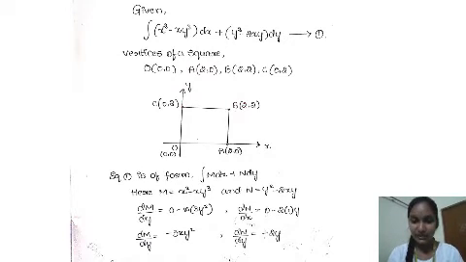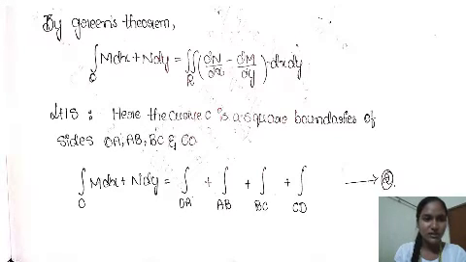If we differentiate −2xy, x will be 1, so −2y. So ∂N/∂x is equal to −2y. Next, from Green's theorem we have this formula, so now we have to verify LHS equals RHS.